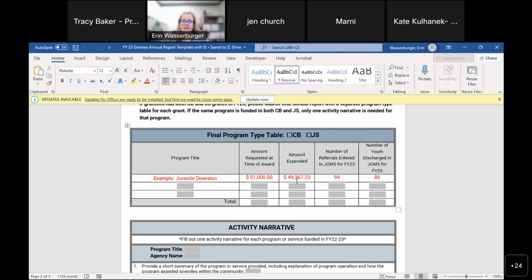And then the amount expended would be whatever you spent for the year. So if you wound up moving money around, still give us the original amount requested. And then if it's higher in the amount expended category, we'll know that you moved money into that category. Similarly, if you moved money out of the category, we'll be able to see by looking at the totals whether we didn't spend all our money or we moved money out.